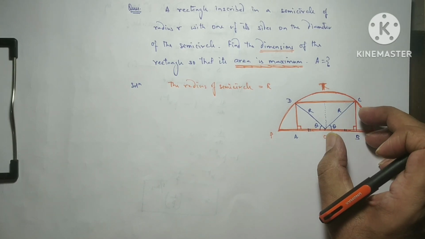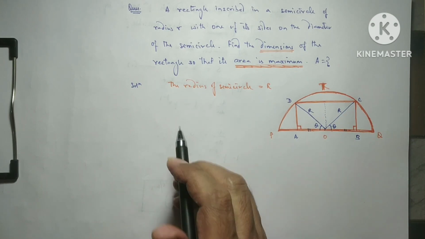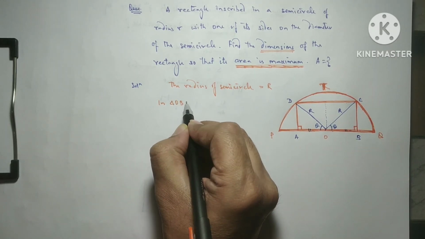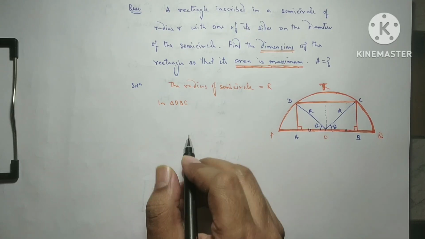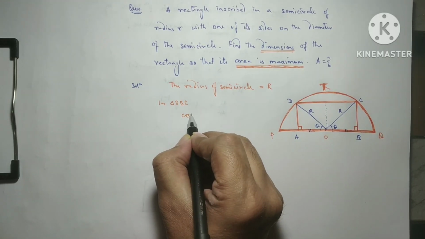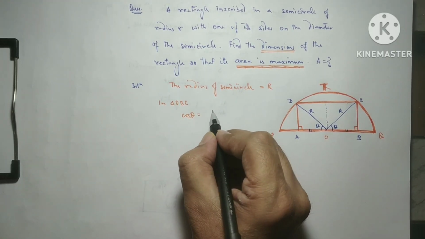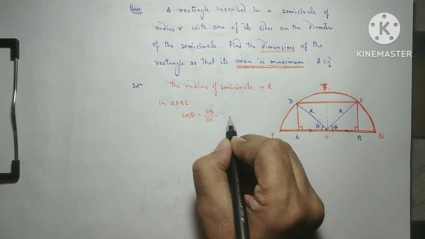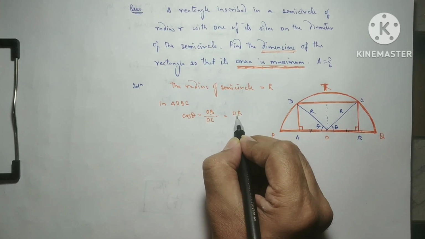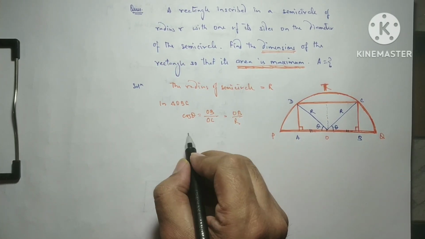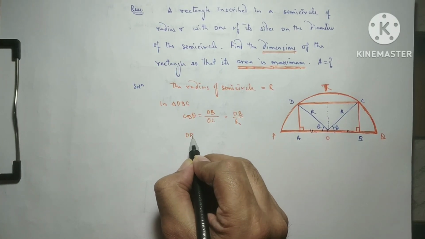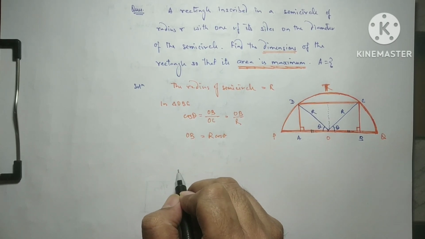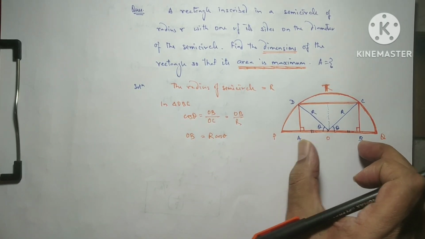For this we will consider the triangle OBC, and we will take cos theta. So cos theta will be base OB over hypotenuse OC. So that is OB over R. It means the value of OB is R cos theta, but we want AB.